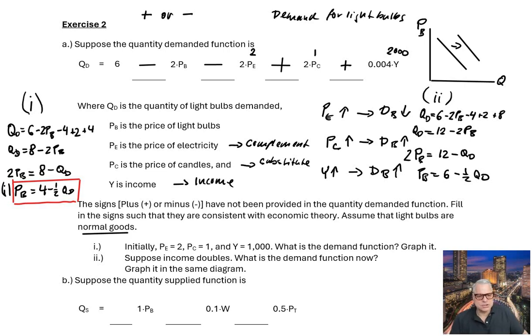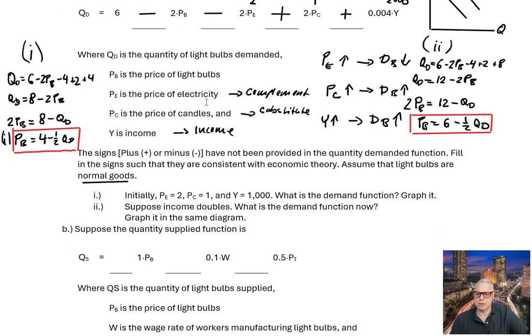When the income is 2000, what happened is that the intercept went up, but they have the same slope. So you can already see how that leads to a shift in the demand. Okay, so those are the two that we need to draw. Okay, so we are supposed to draw them here.